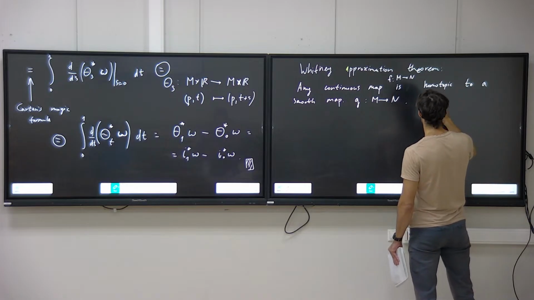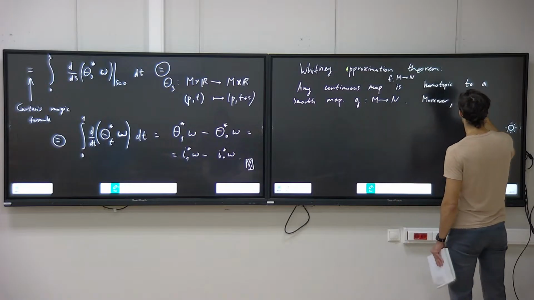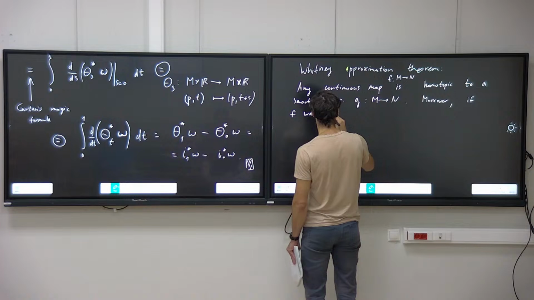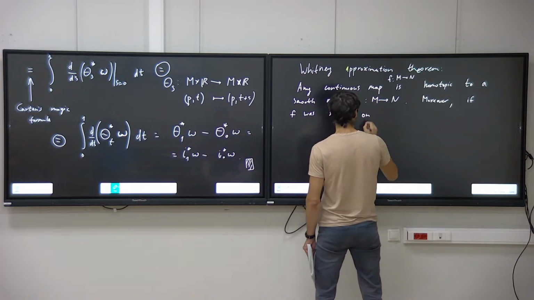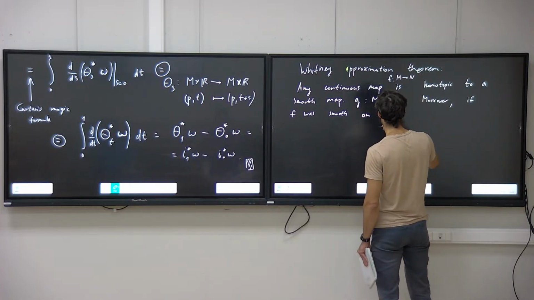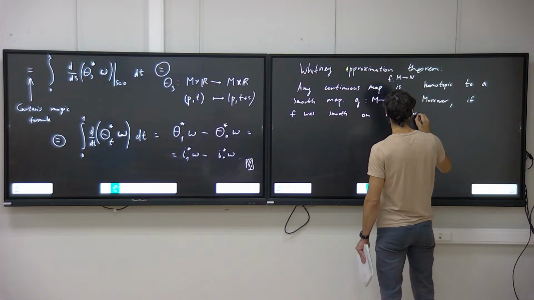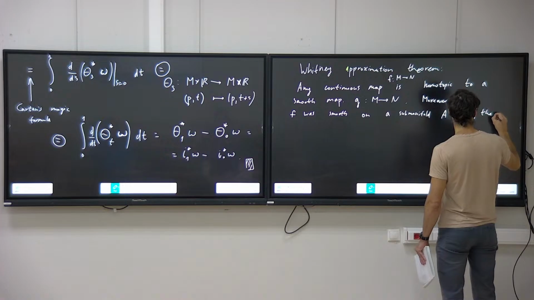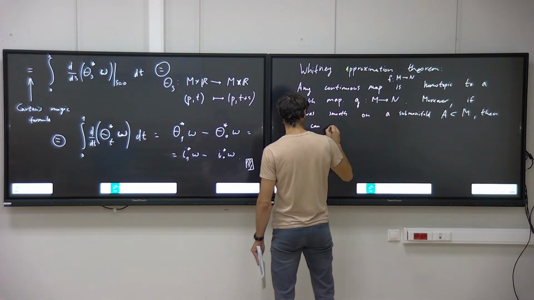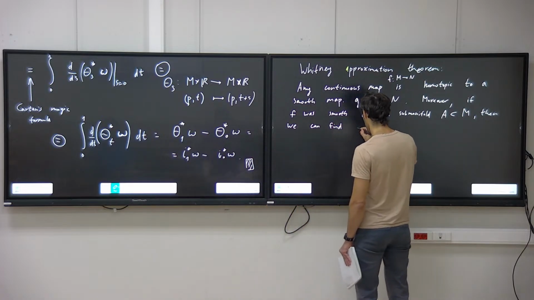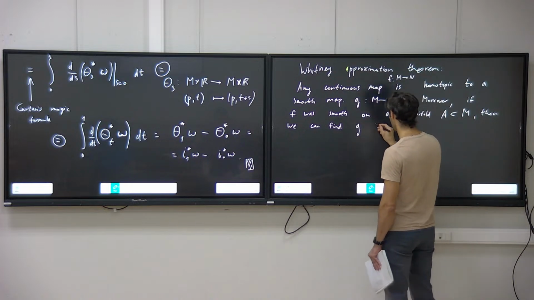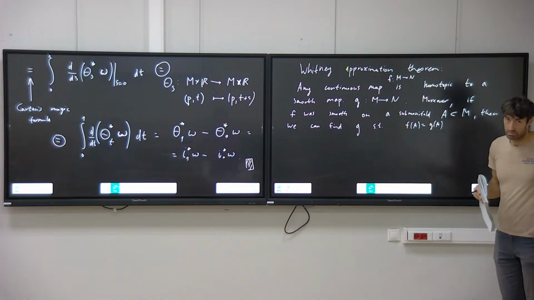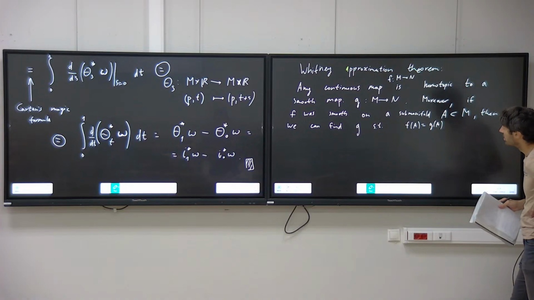So moreover, if f was smooth on some submanifold A inside M, then we can find g, this smooth map, such that they just coincide on A. Okay.